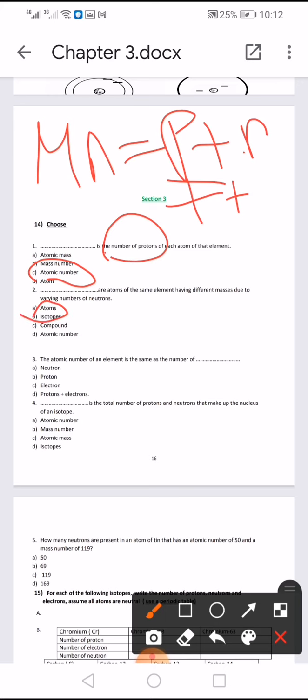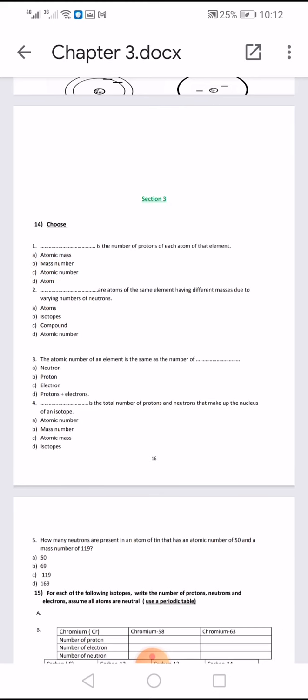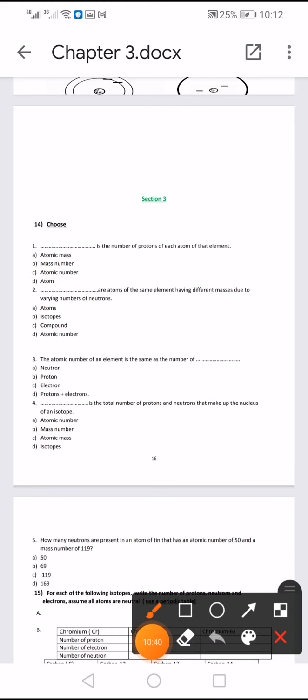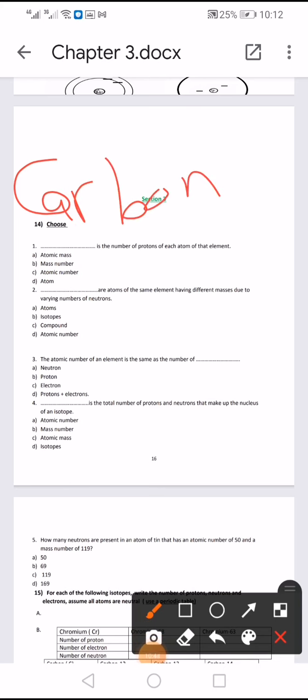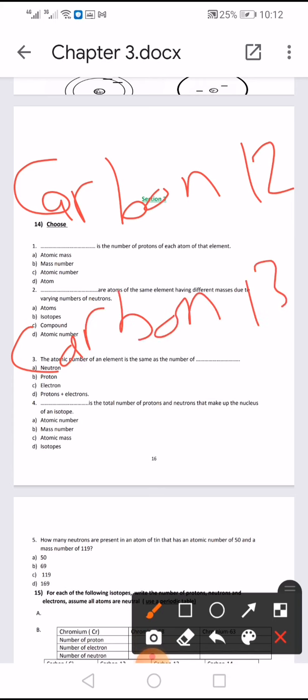What about isotopes? They are atoms of the same element having a different mass due to varying numbers of neutrons. For example, if I have carbon with mass number 12, and another sample, carbon 13.